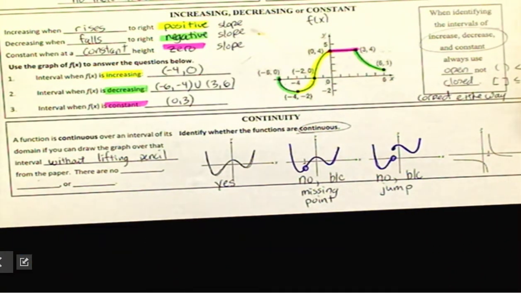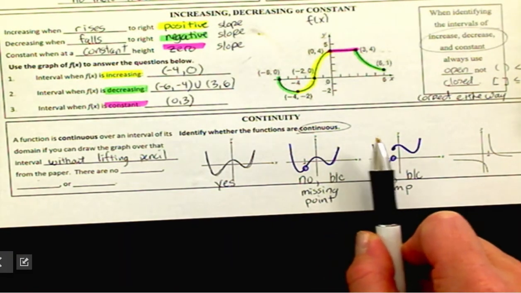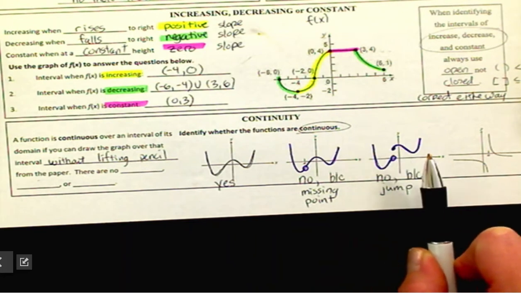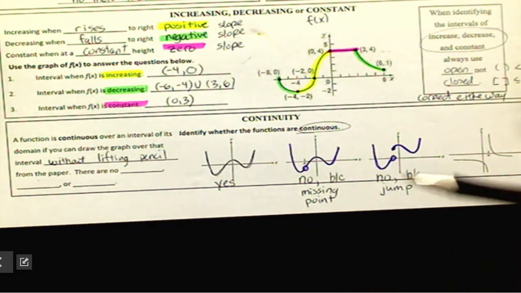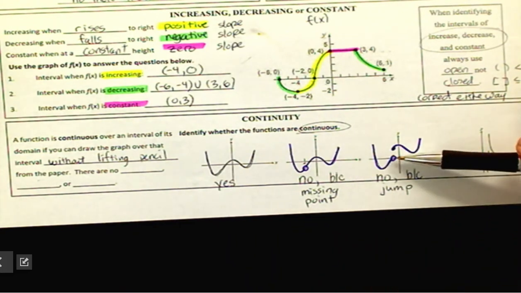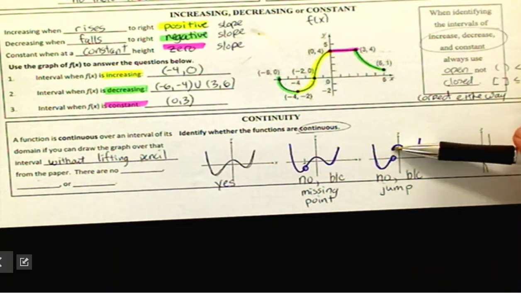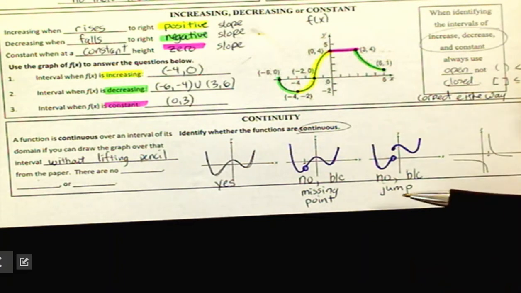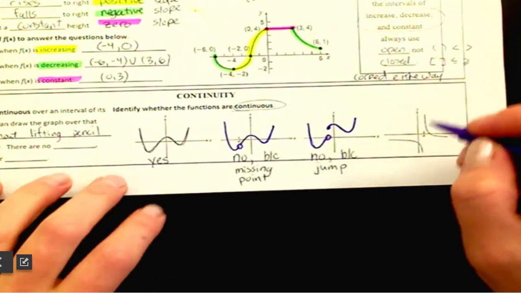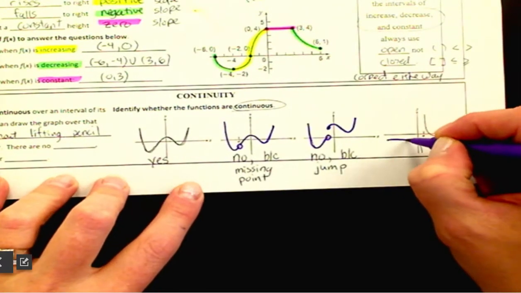Now that could be a jump in x coordinates or a jump in y coordinates. In this particular case, it was a jump in the y coordinates, but I'm not going to be specific on which one. It's the y values that skip from 0 to some positive number here. It's a jump.